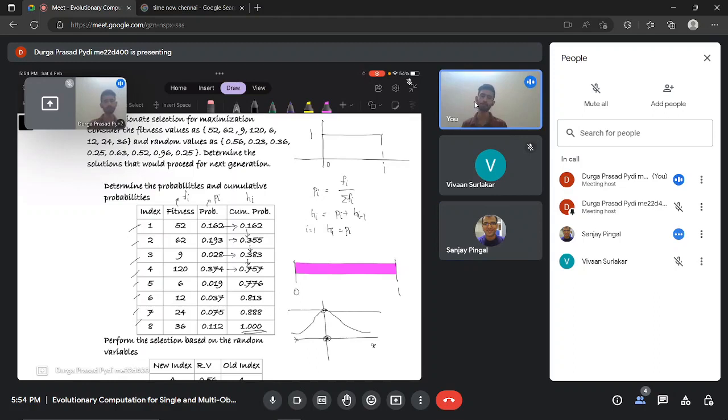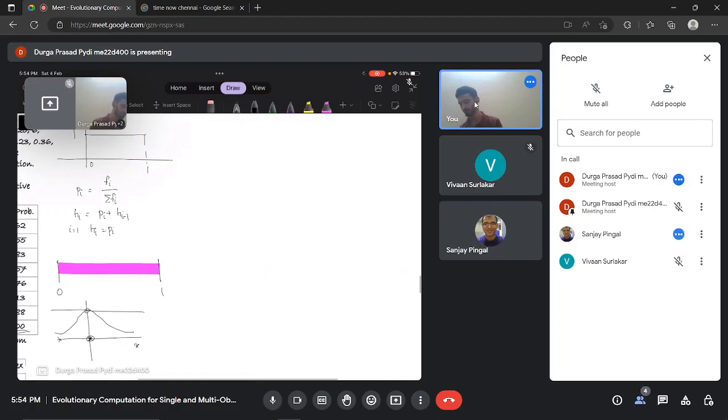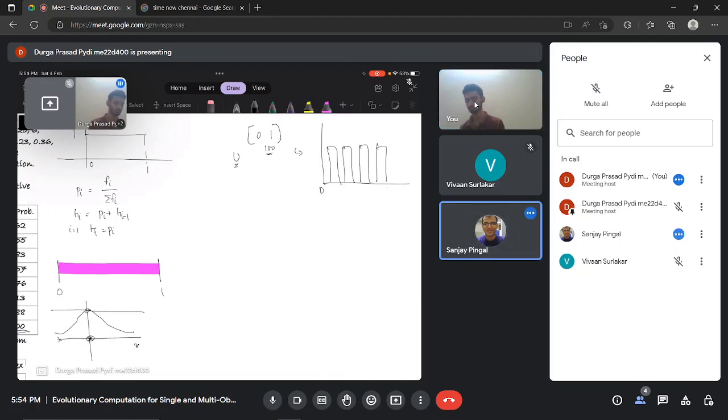Your variance will depend on your number of samples. Say I take 100 values from a uniform distribution between 0 and 1. If I plot a histogram of all these values, it will be more or less flat between 0 and 1.